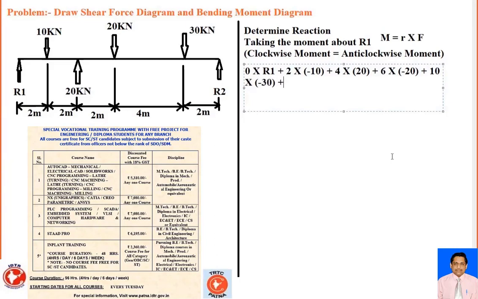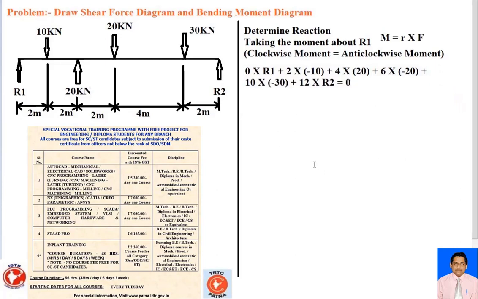And then plus the total distance, 12, multiplied by R2, equal to 0. So this is your equation. Now come to R2. R2 is equal to, basically, this is 0, here is minus 20, and this is plus 80. So just go to the conversion here.